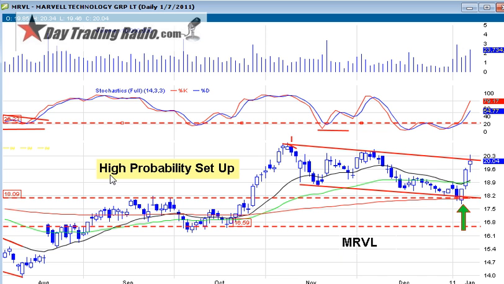So I don't really label anything a high probability setup unless it has at least 3 indicators lining up, and I'm even stretching it then, and it has to definitely include 2 of the major ones that I want to see lining up. But to be honest, I tend to try to give my high probability setups a 4 or 5 indicator rating. And that's really what I'm looking for.